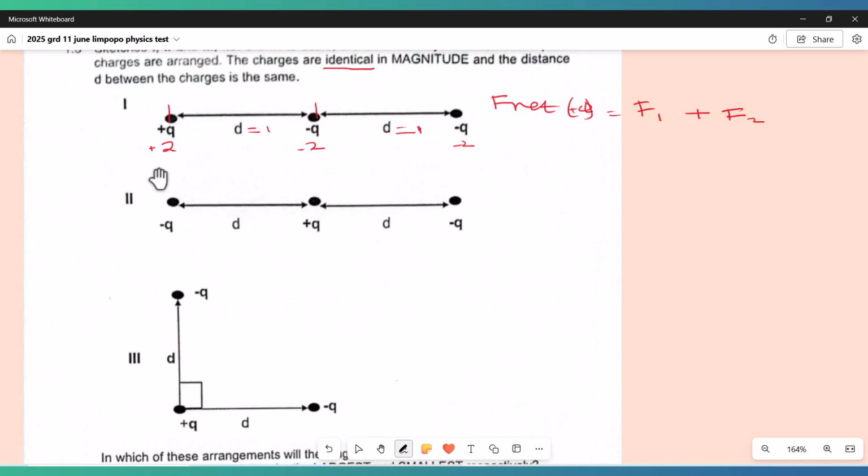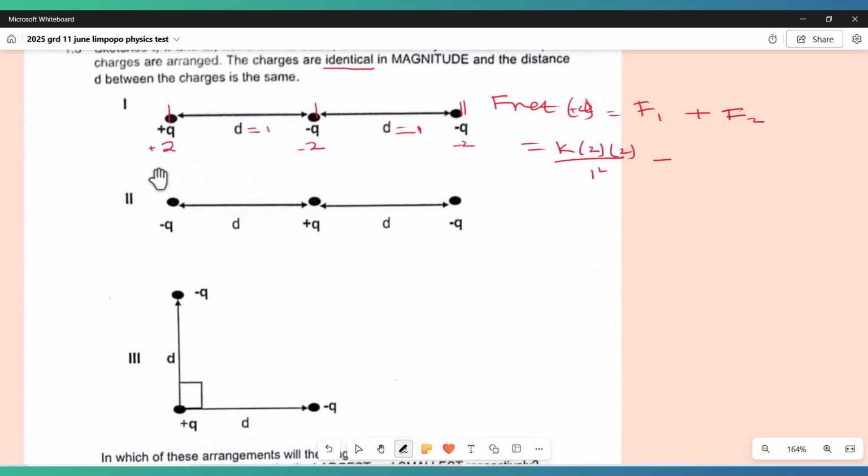Now the force 2 is between the positive charge and this other negative charge here. The force between two charges is given by a constant K multiplied by the charge. Our charge here is positive 2, multiplied by the negative charge, which is another 2, divided by the distance, which is 1 squared.